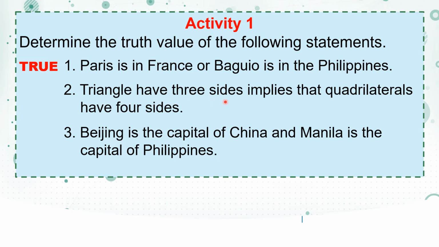Triangle have 3 sides. It is true. So, true ang ating hypothesis dito. Our conclusion is quadrilaterals have 4 sides. Again, it is true. So, yung hypothesis natin ay hindi followed by false conclusion.